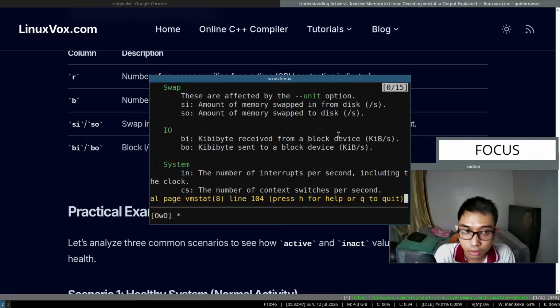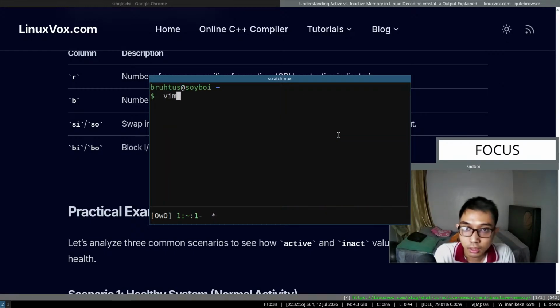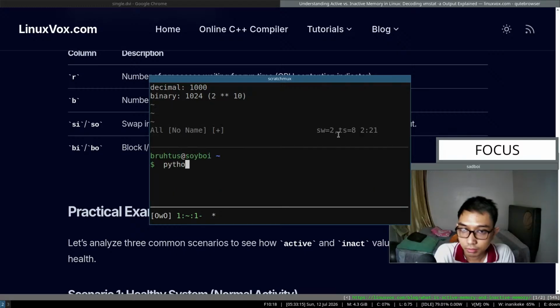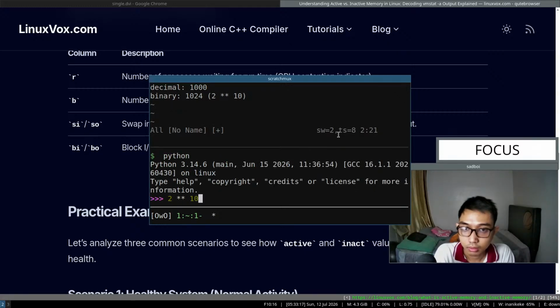In case anyone is wondering what KB byte means, this is basically the binary representation. So there's a decimal representation and there's also a binary representation. And I think this is to the power of 10, maybe something like that. Let me try.